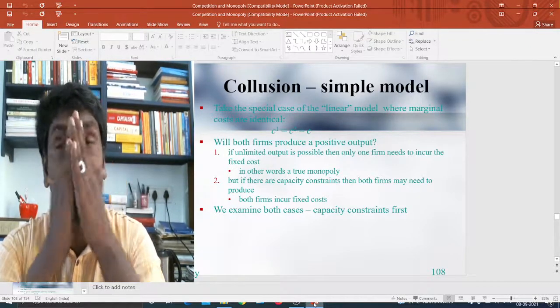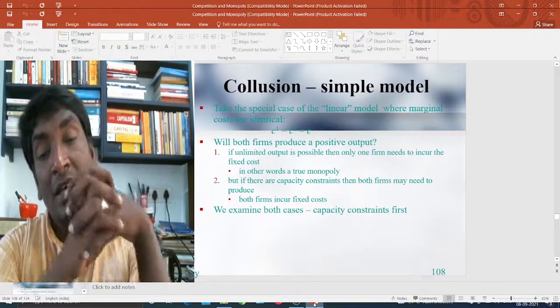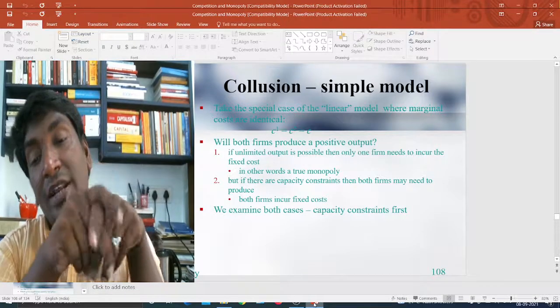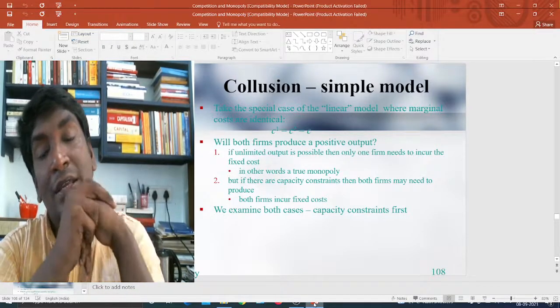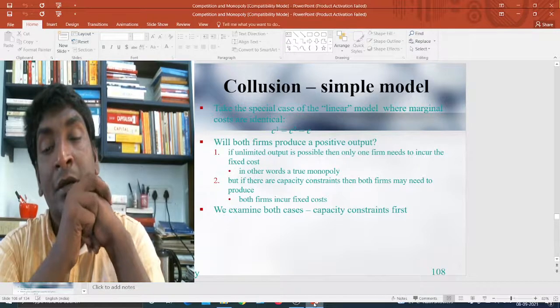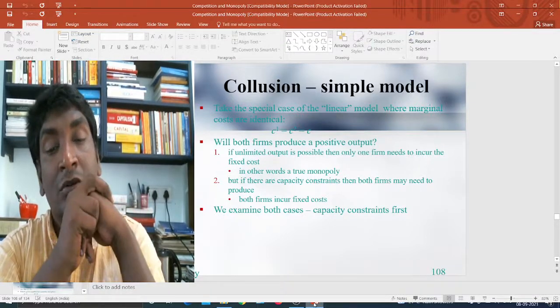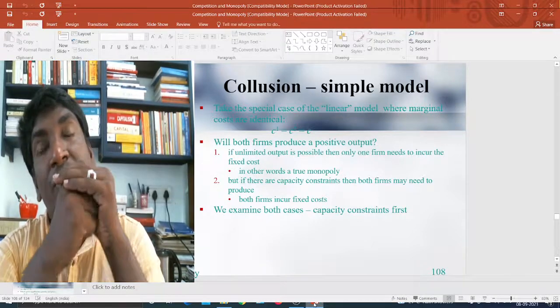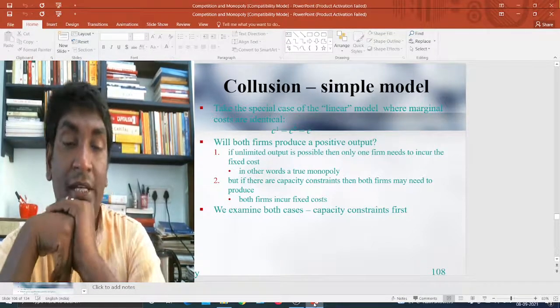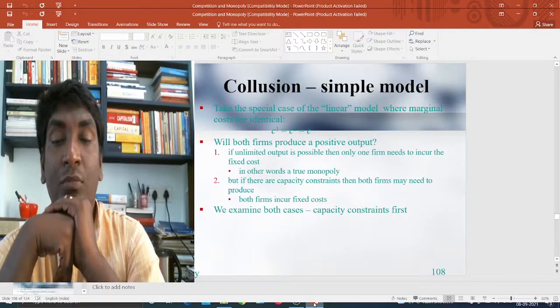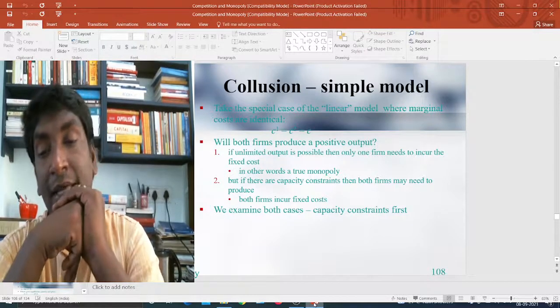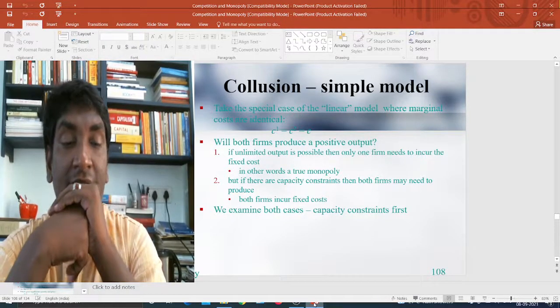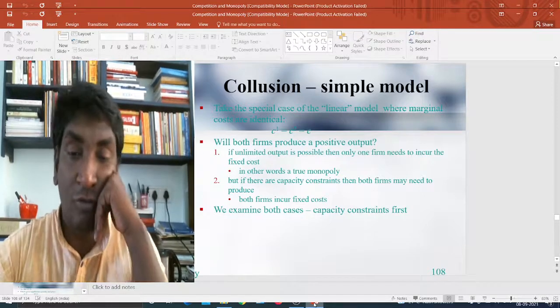But if there are capacity constraints, then both firms may need to produce, and both incur a fixed cost. This also relates to the criticism we posted earlier. We examine the capacity constraint case first, and the other cases will follow.